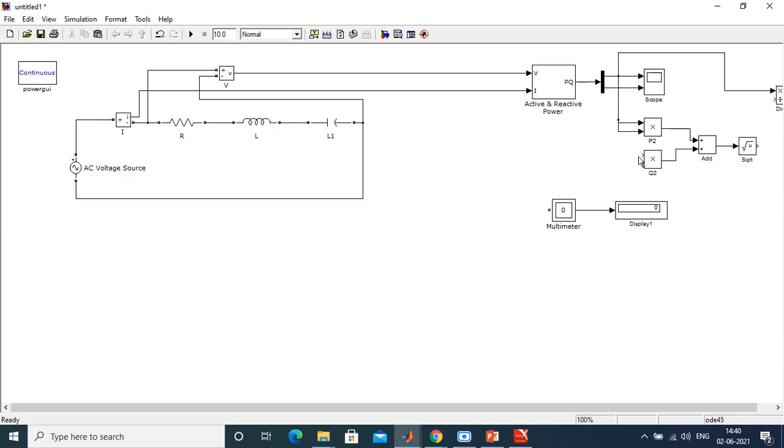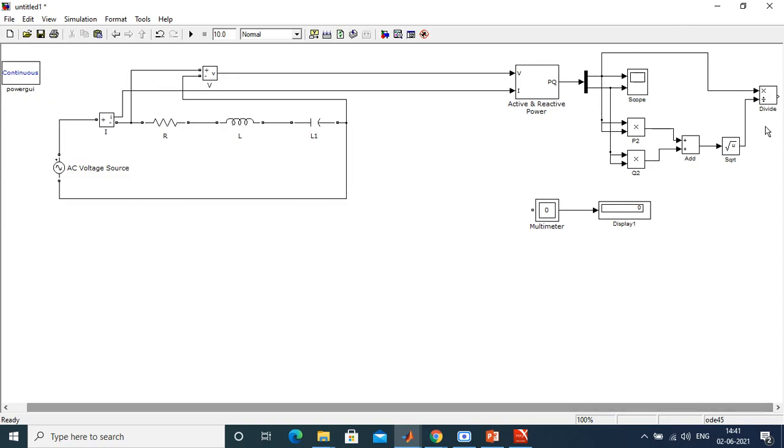Sorry, here there is Q square. Okay, P divided by S. Okay, so now I need to display this value.